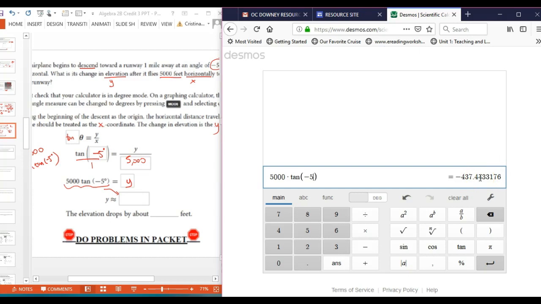Now, there is no such thing as negative distance, but that's telling us the direction, right? The plane's going down, so of course it's going in a negative direction. But the elevation drops about 437.4 feet. So let's write this on our paper right now.